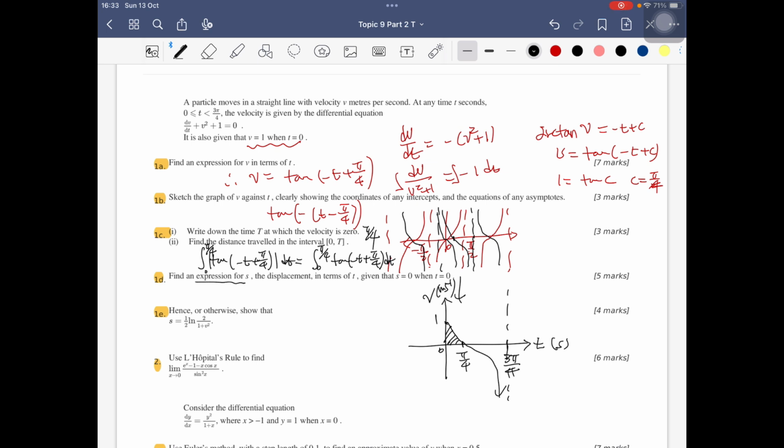Express s, the displacement. Eventually I need to do the integration of tangent. So s equals the integration of velocity over t, tangent negative t plus pi over 4 dt. So this is sine of negative t plus pi over 4 over cosine of negative t plus pi over 4 dt.